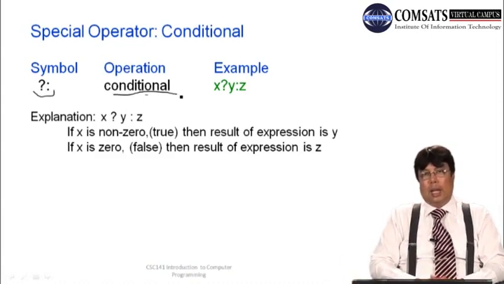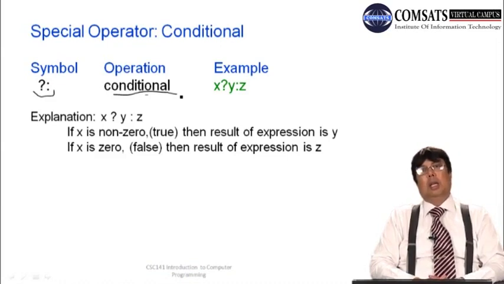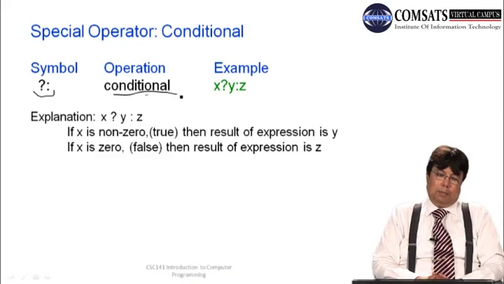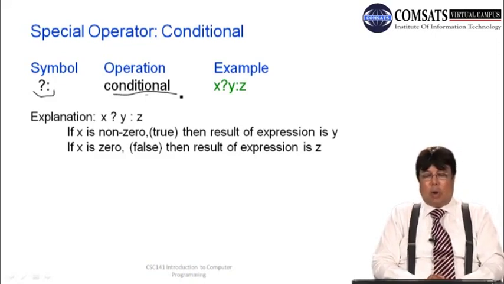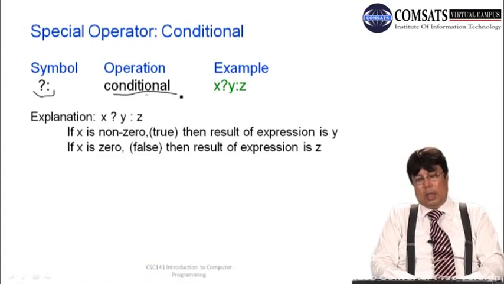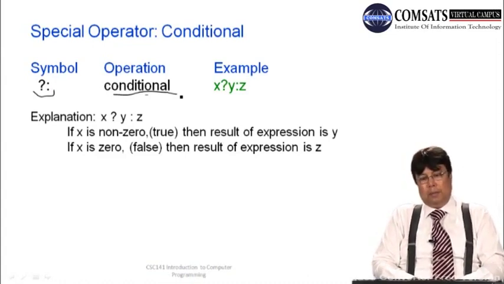So an example is x ? y : z. Very interesting meaning. It will compare x with y. If x is non-zero, meaning it has some value, it is treated as true, then the result of the expression will be equal to y.